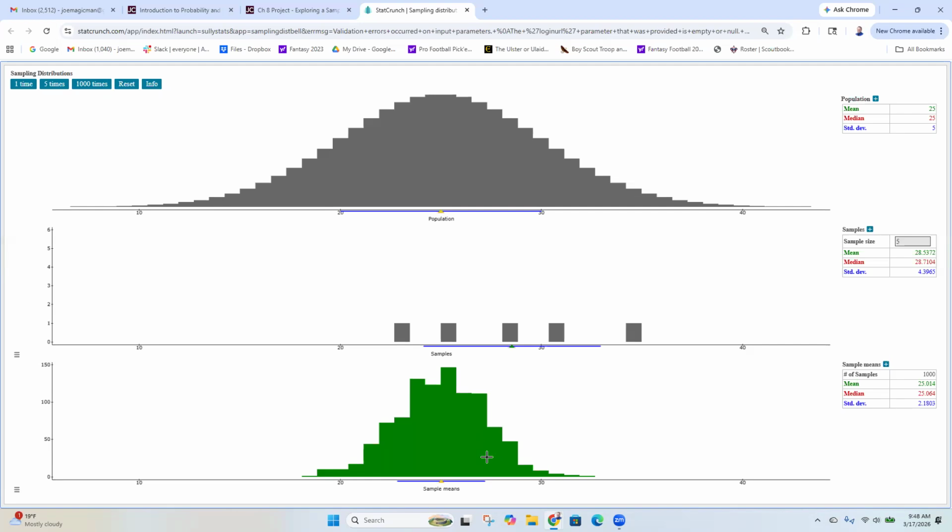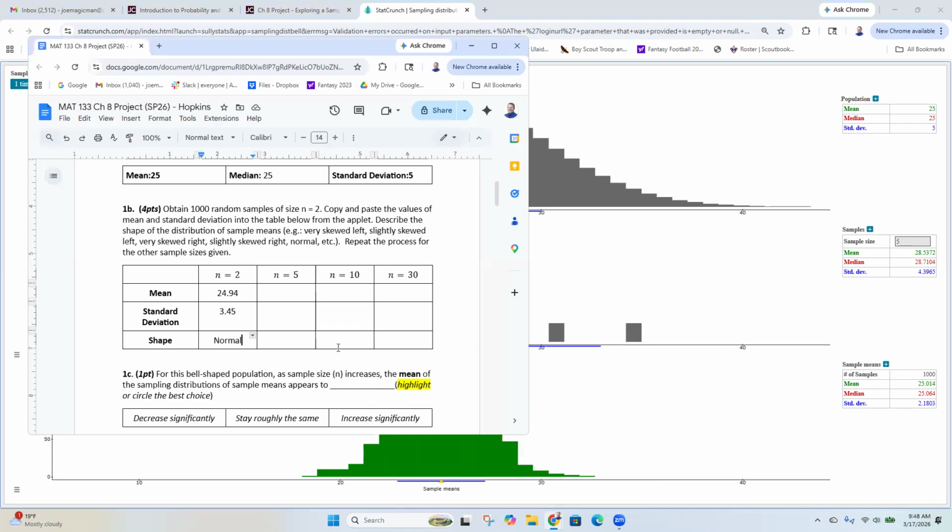Down here is the distribution of sample means. We're going to write down again our mean, our standard deviation, and our shape. So not the population mean and standard deviation. Those didn't change. The one down here, the sample mean.